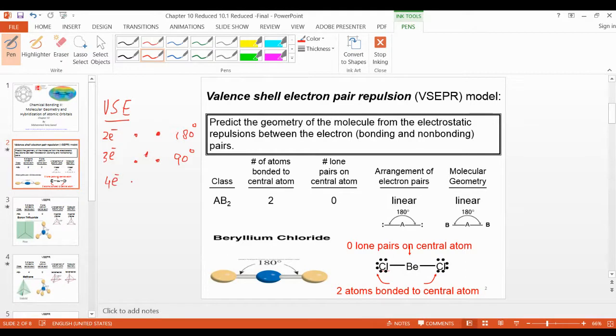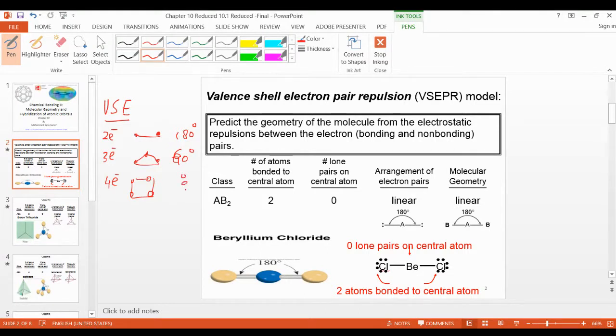Suppose 4 electrons, 60 or 90, 60 degrees. With 4 electrons, we can put them apart like this, in a square. This is a triangle. It is like this, maximum. So the interaction between two electrons will be very little.